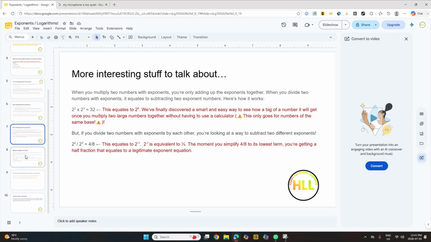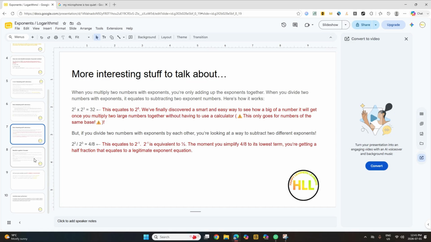But what about dividing? We're going to put up the same numbers, but this time we are going to use division. So 3 to the power of 6 divided by 3 to the power of 3.